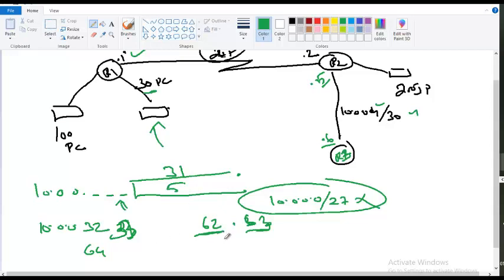So how did you get that 32? 10.0.0.32? We go 128, 64, 32, and we increment by 32. Right. And this is the first IP address, this is the last IP address, this is the broadcast IP address, and this is the next subnet. Got it.